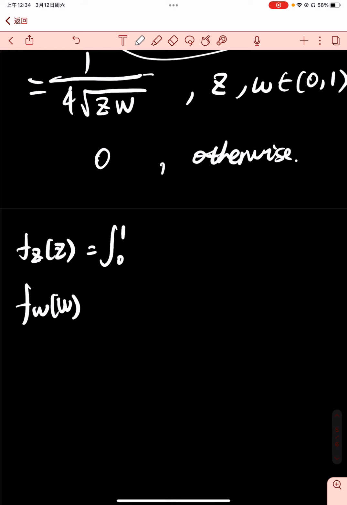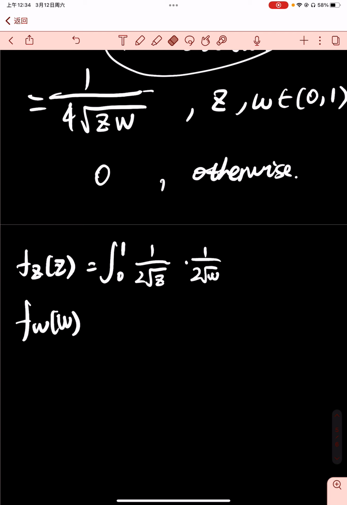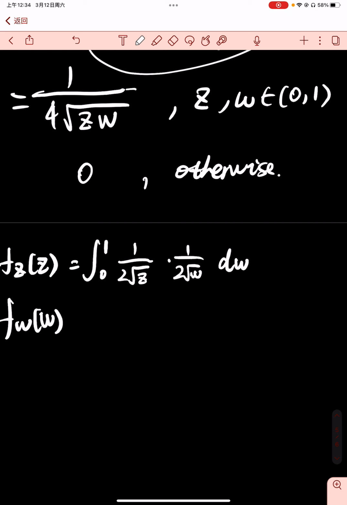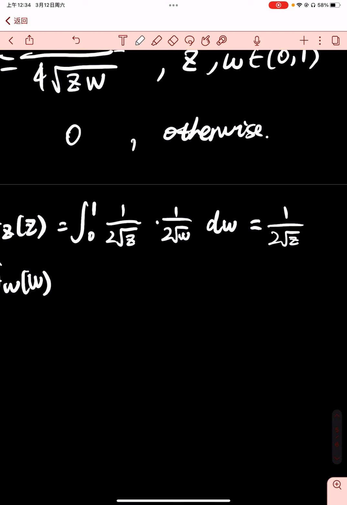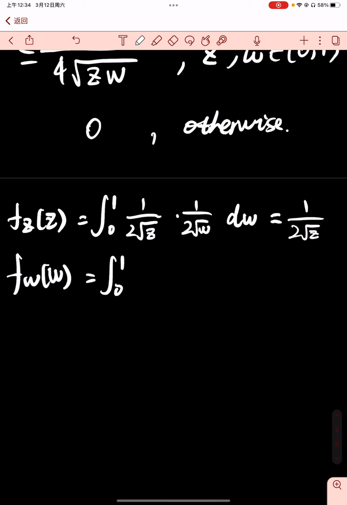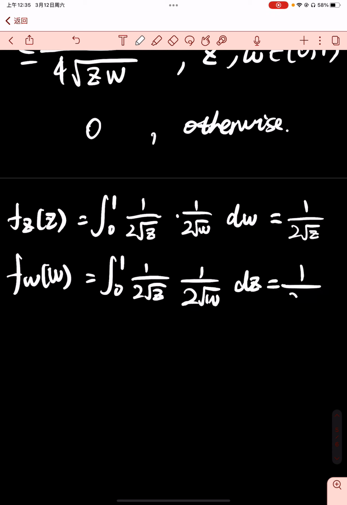For Z, from 0 to 1, we can split 1 over 4 times the square root of ZW into two parts for easy computation, then integrate over W to find f of Z, which is 1 over 2 square root of Z. For f of W, we calculate the same way, which is 1 over 2 square root of W.